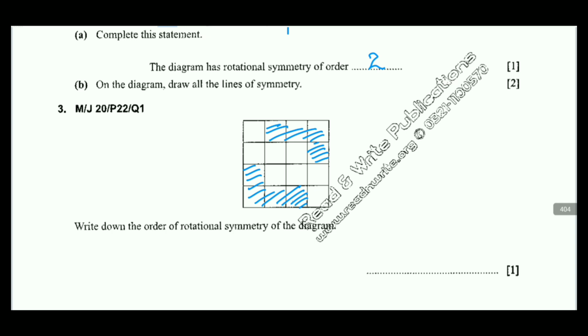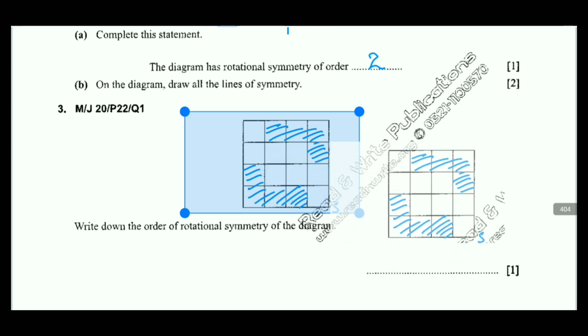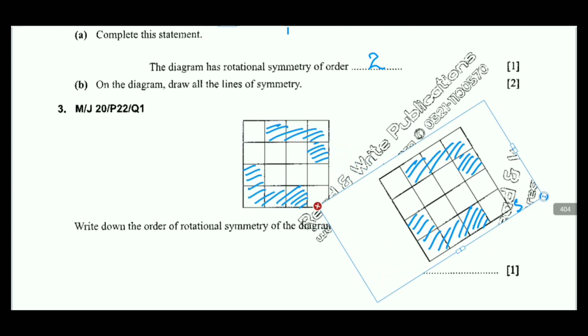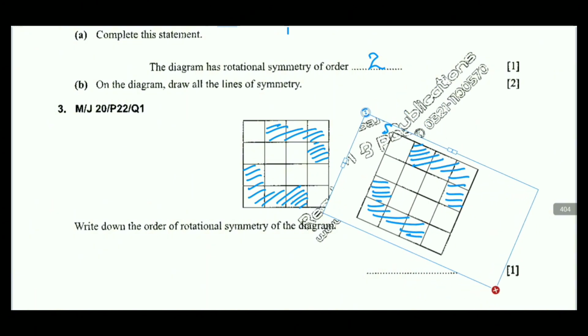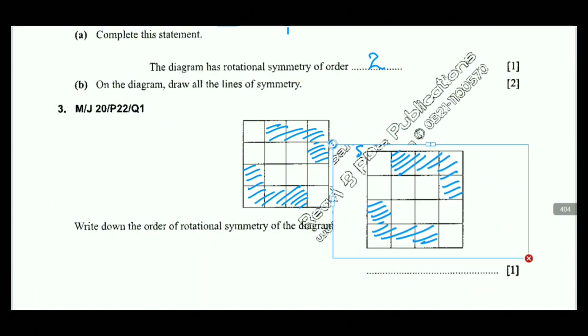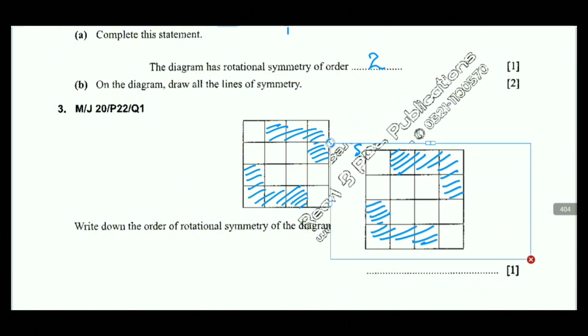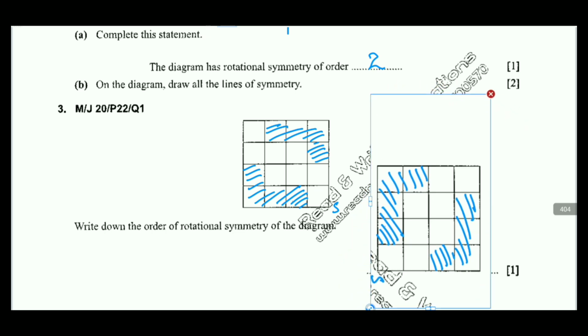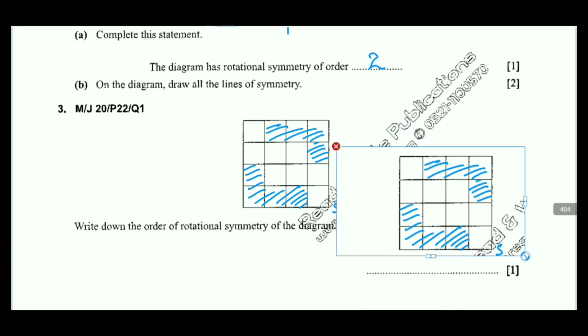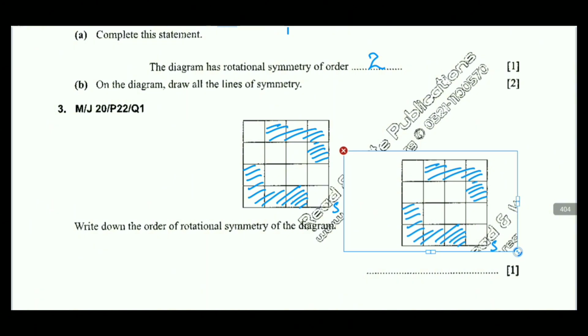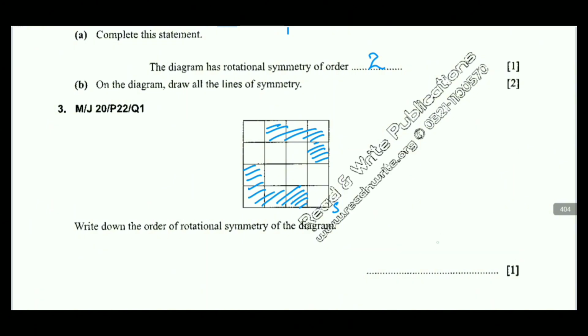So how will we write the order of rotational symmetry of this diagram? Let's check. This is the starting point. We will start rotating our page. 1, 2, we can see exactly the same shape. 3 and 4. Now the second time we can see exactly the same shape. So it means the order of rotational symmetry of this diagram is 2.